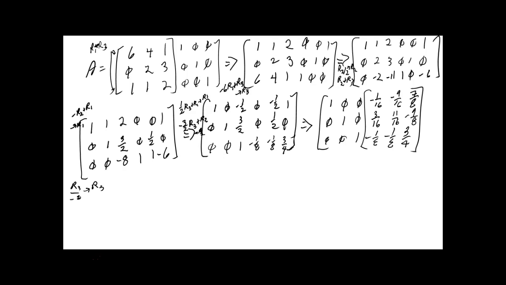So let's do it. Is that one that you had in mind? Okay, so let's do minus 6 row 3 plus row 1. It's a new row 1. We're leaving row 2 alone, 0, 2, 3, and leaving row 3 alone, 1, 1, 2.